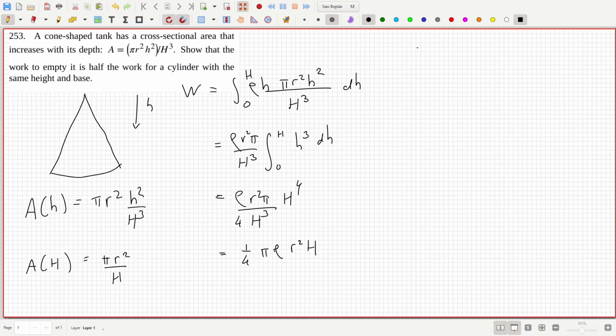Now for the cylinder, that would be density again, integral from 0 to h of pi r squared h dh. So that would be a half pi rho r cubed h squared.